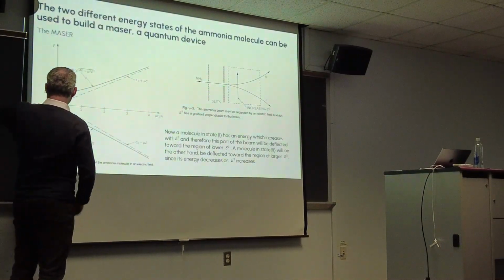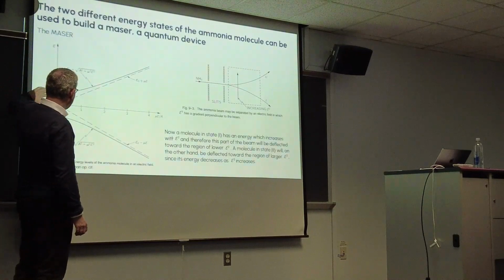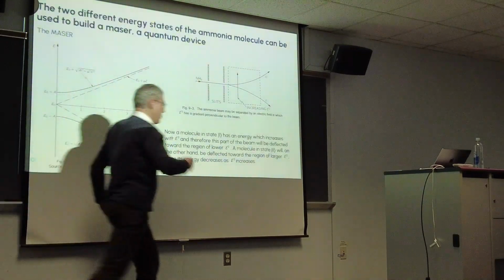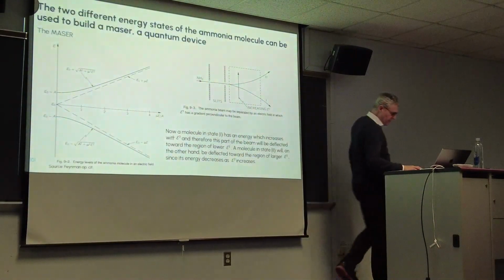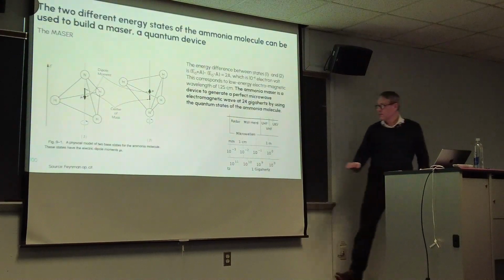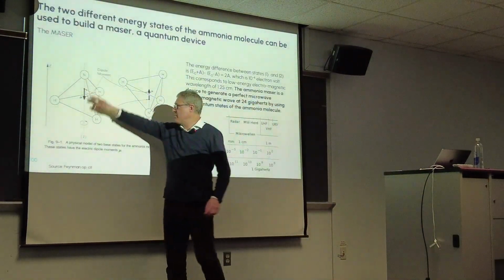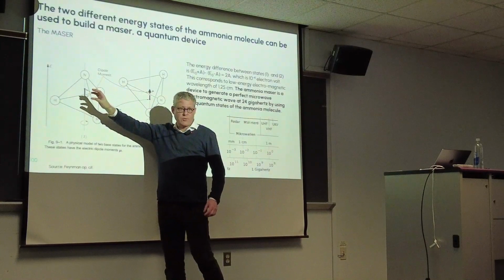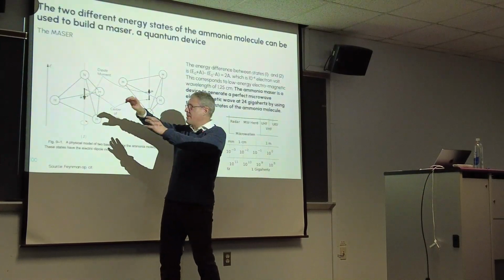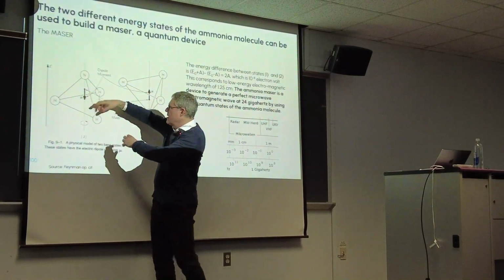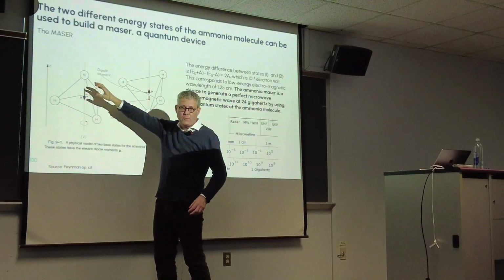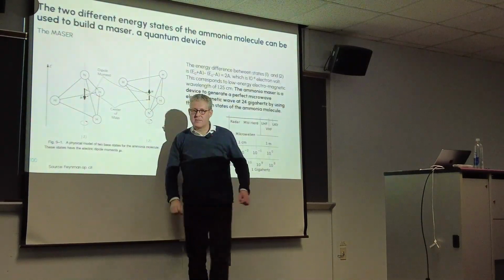We can create one beam of ammonia molecules, and this electric field acts on the dipole moment. Remember, this indicates a field within the molecule, and now this electric field that we apply from the outside attracts this state to one direction and repels this state.